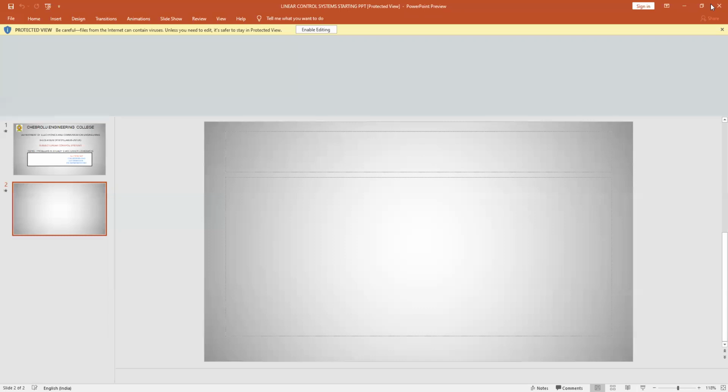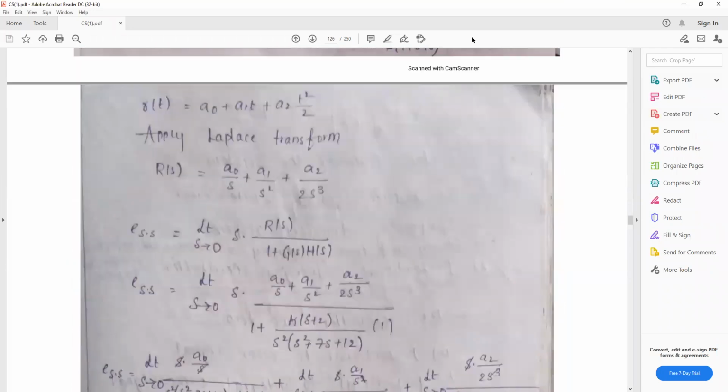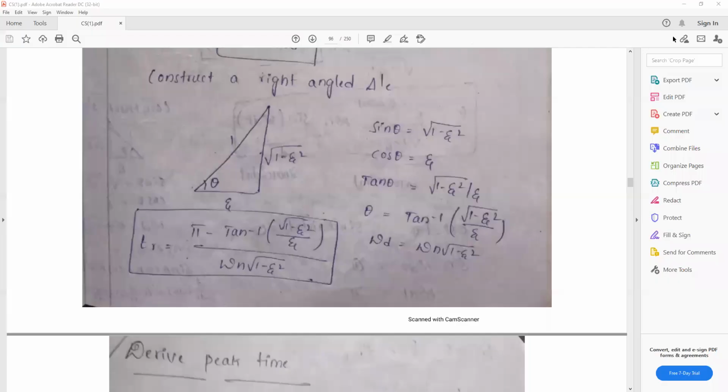This is the problem to find the standard time domain specifications.